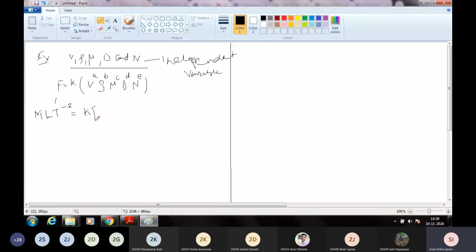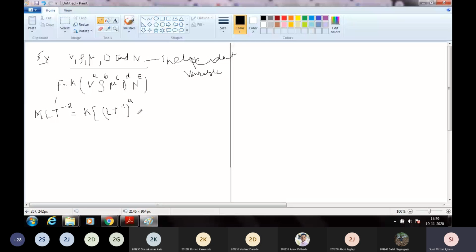Now V is what? Velocity. Again simplify this velocity V in terms of fundamental quantities. Velocity is L divided by T, so I just write L and T raised to minus 1, whole raised to A. Then the second term is density.